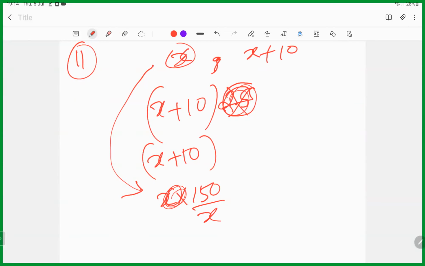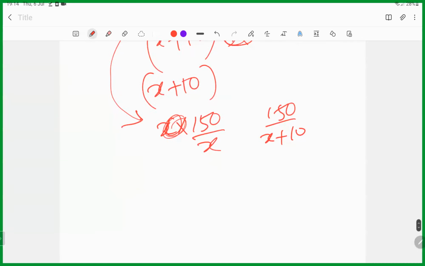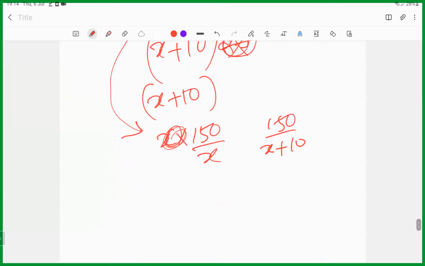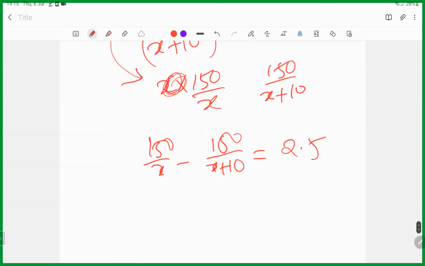If it is x plus 10, it will be 150 by x plus 10. So that is the time. Then it is given as 150 by x minus 150 by x plus 10 equal to 2.5. Is that clear?